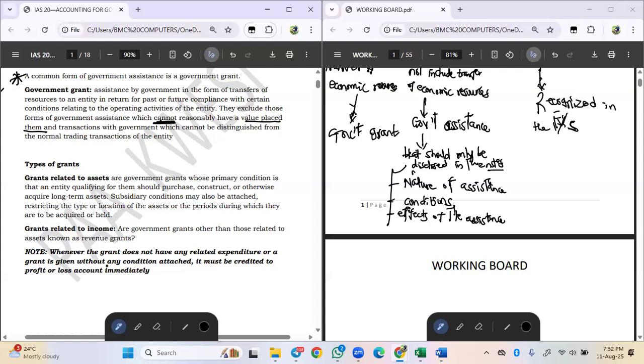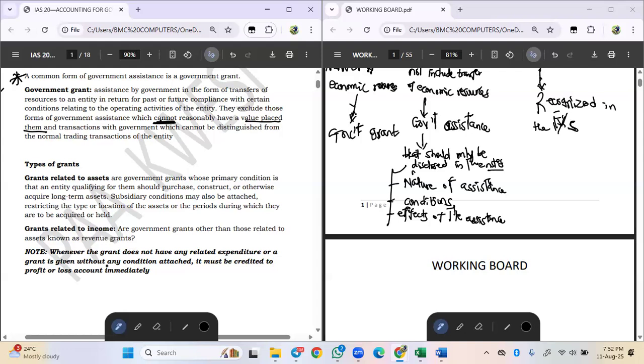Now, if you are given grants without any condition attached, or there is no related expenditure that you are going to use the grant to defray, we are saying that you should credit it to P&L immediately. I said it the other time, if you hear or see credit to P&L, it means you are adding to your other income.